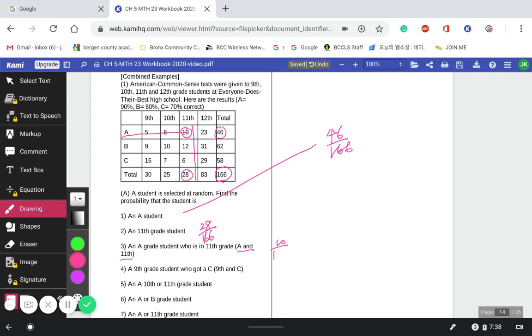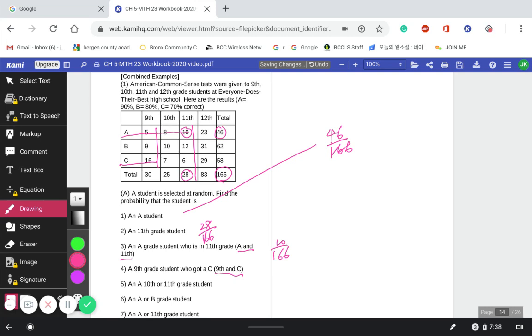Number 5 is a little different. You have a 10th or 11th grade. So for 10th or 11th grade, because you have "or", you're supposed to add them. So 10th is 25 of them all together, right?